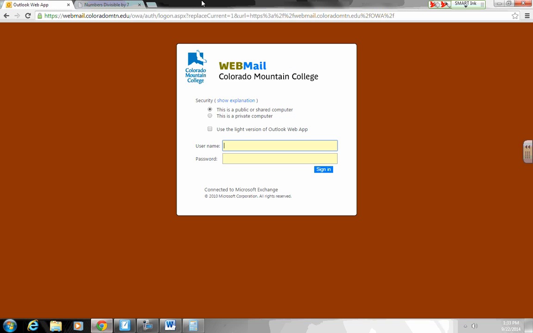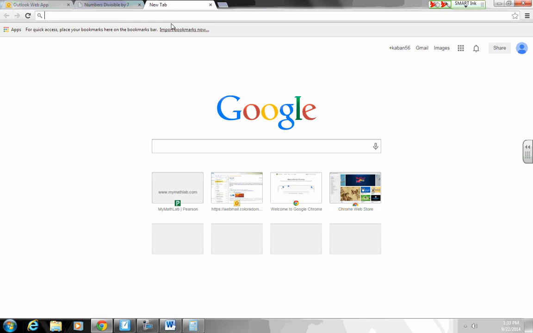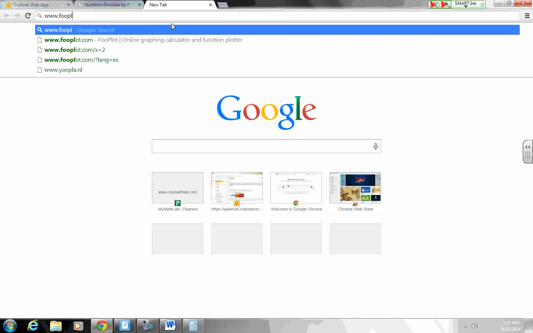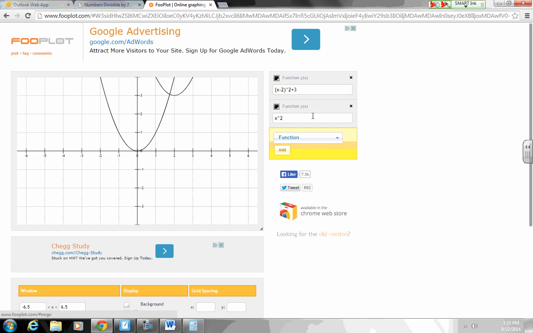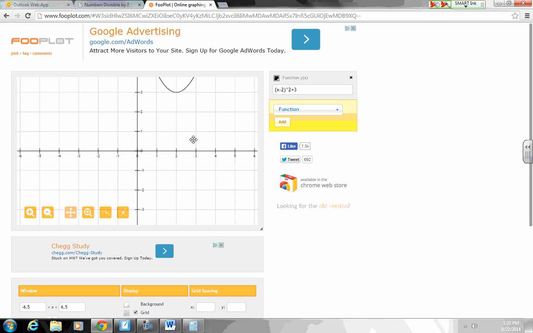Now let me show you on the graph. If you go to full plot, I'll graph this x minus 2 squared plus 3. Here's that graph, right?